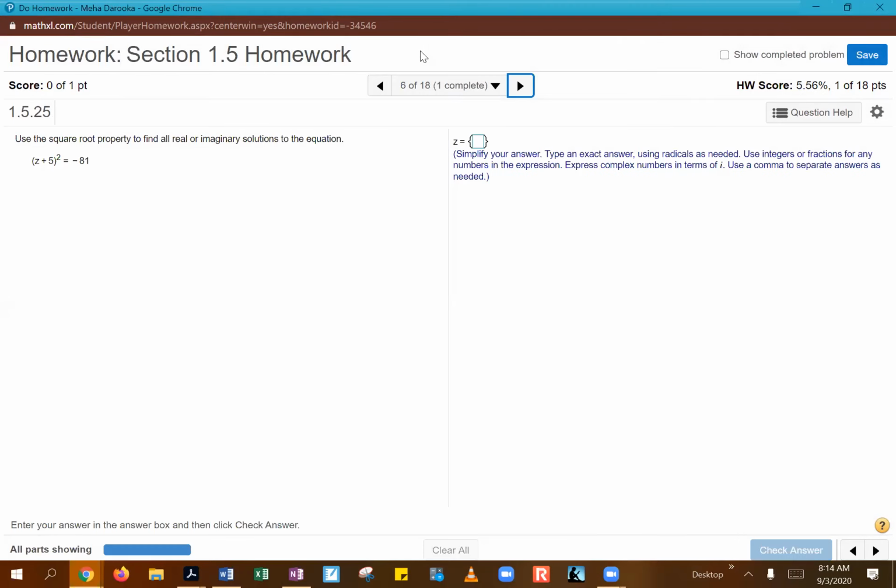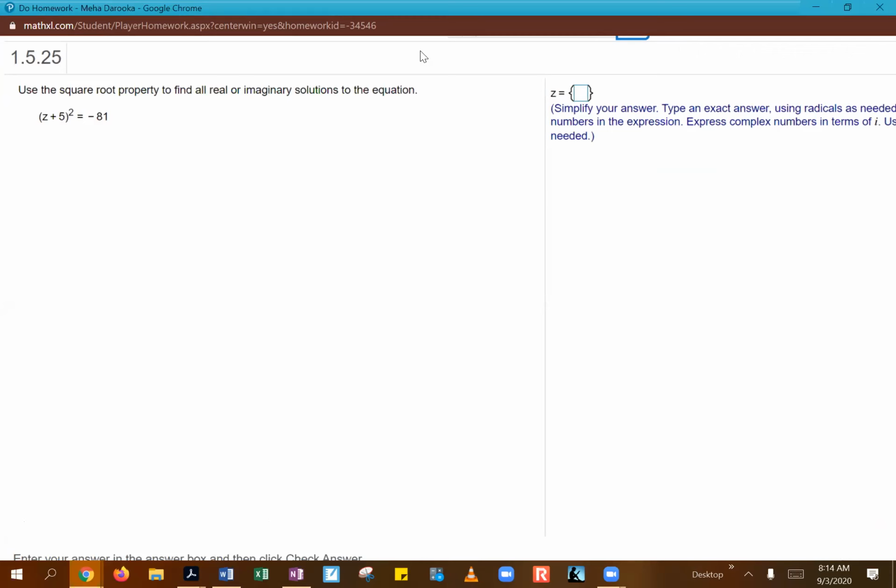Now, just like I was telling you, you can have different versions of the same problem. So here we are given z plus 5, the whole quantity squared, equals negative 81. So we're going to try and apply the same idea here. Of course, we want to start by taking our equation.